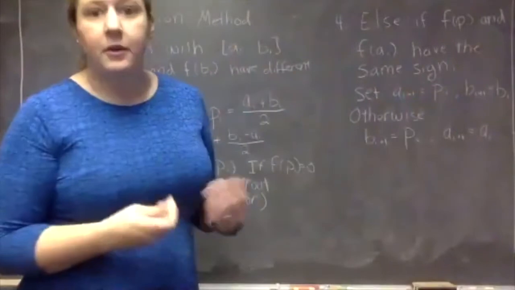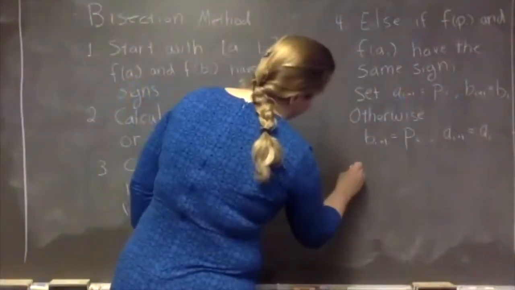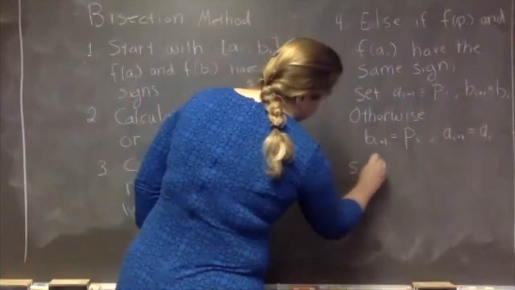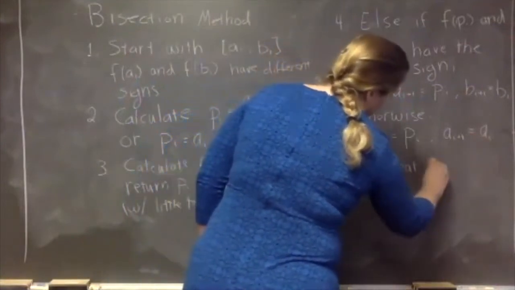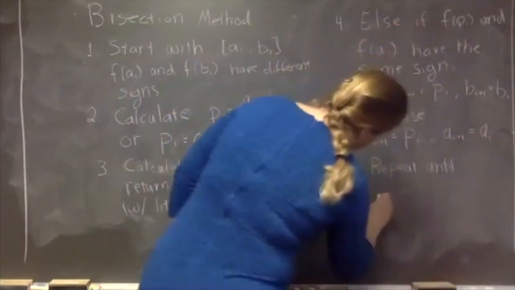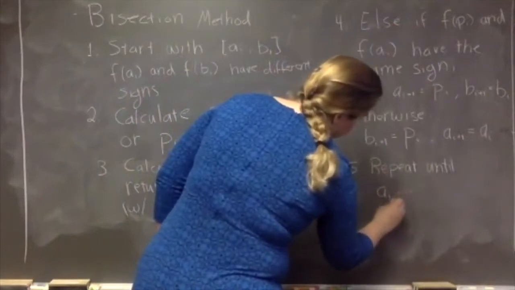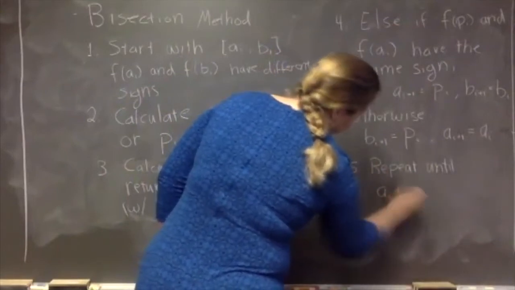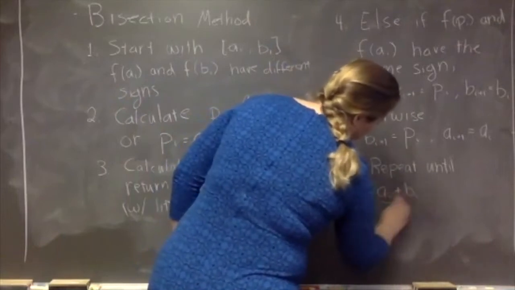So then you go ahead and you repeat this process. So repeat until the midpoint of the interval, ai, I don't like using, oh well, I'll just use ai plus bi over 2.